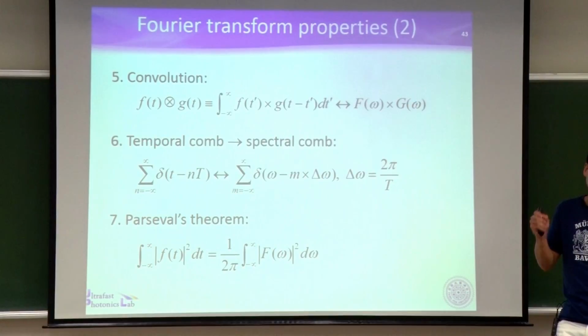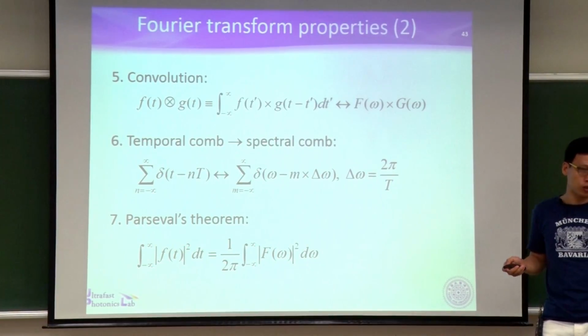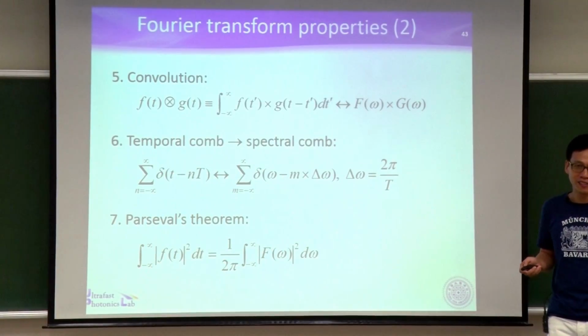Power means energy per unit time. Integration with respect to time, you get energy. From minus infinity to plus infinity means total energy, right? And the total energy should be conserved, no matter whether you observe it in the time or frequency domain, right?